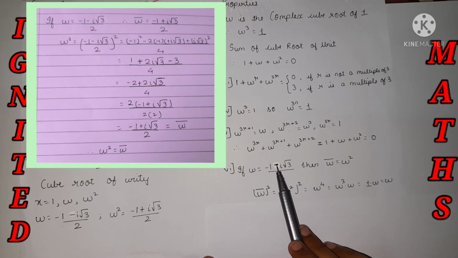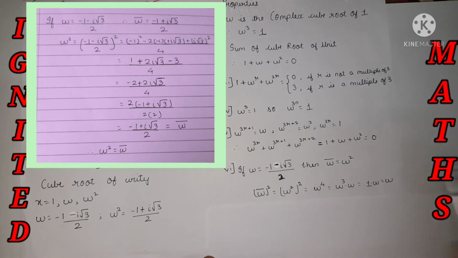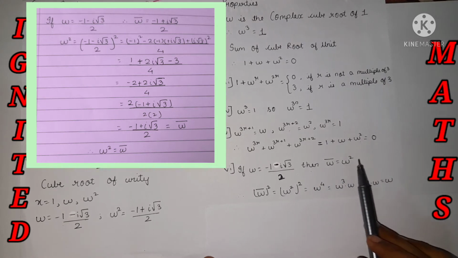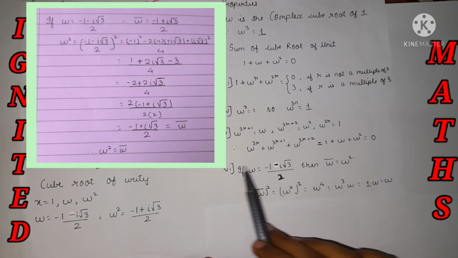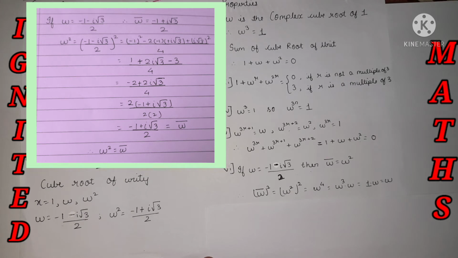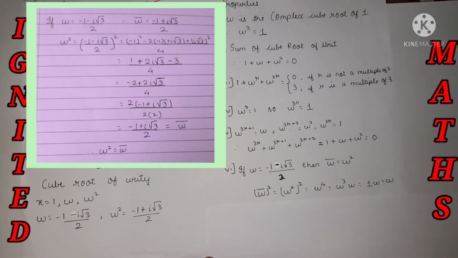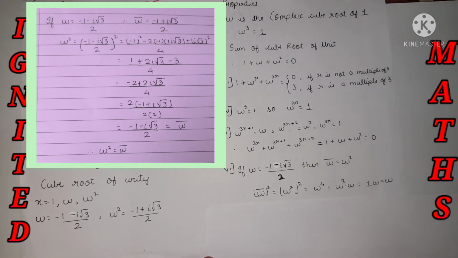This contains the minus i root 3, so the conjugate is plus i root 3. If we do it, we will get the answer as omega square, which is plus i root 3 divided by 2. This is also one of the properties. I'll just show it on the left hand side. Each and every property's construction will be shown on the left hand side, so please go through it.